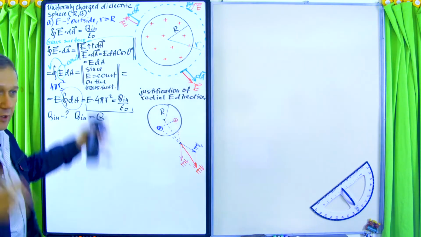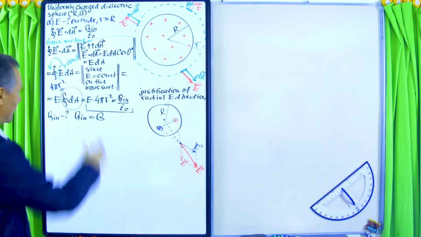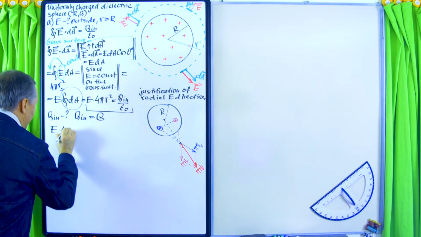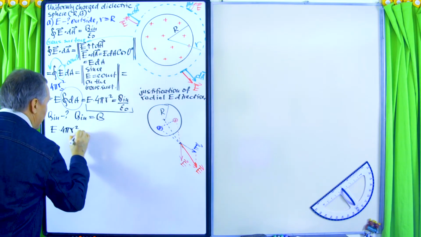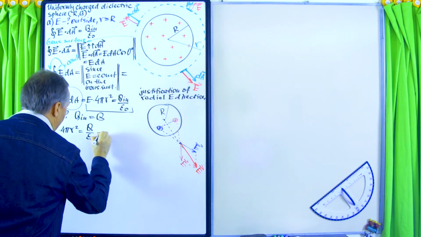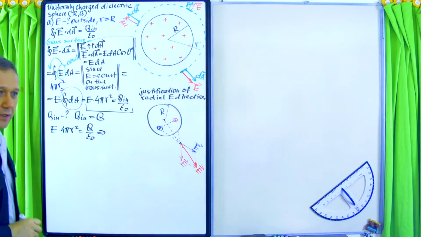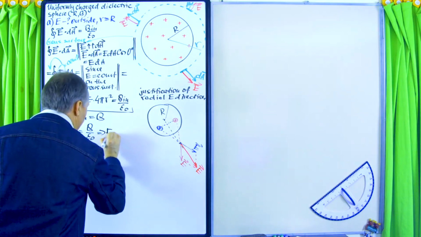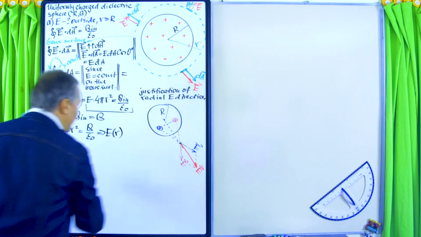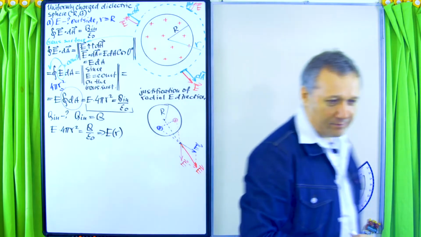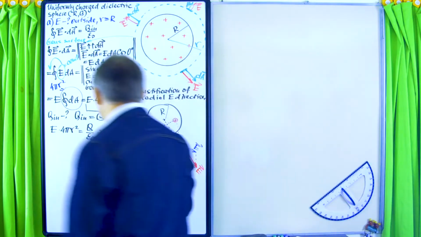Okay, so now basically we're almost done. Let me just rewrite it in terms of Q. So it will be E times 4 pi r squared equals Q divided by epsilon naught. So now that can be solved finally, and that will be our final expression. Now I will write E as a function of r.